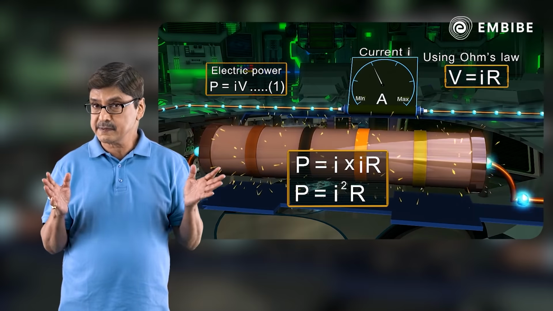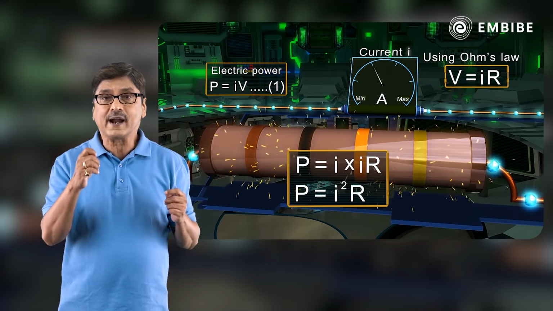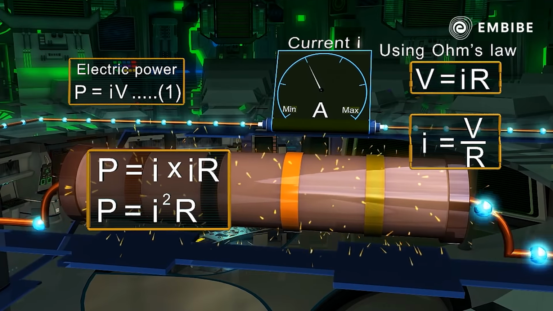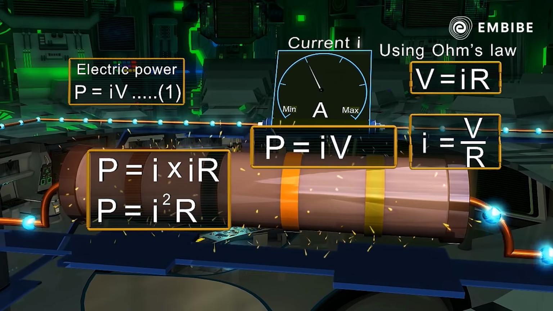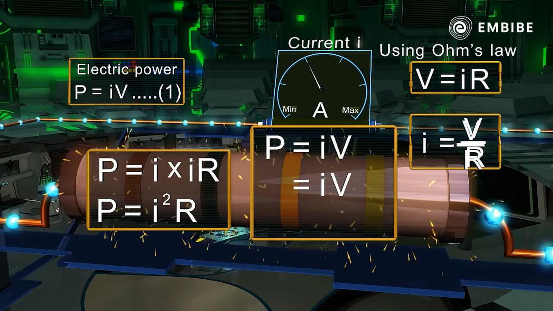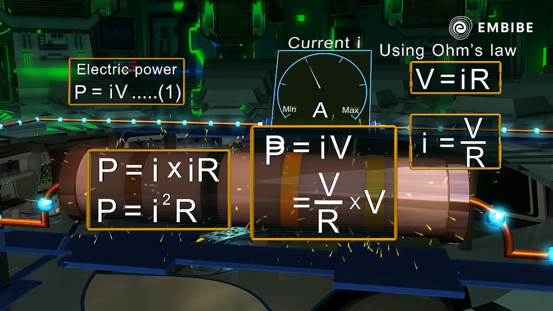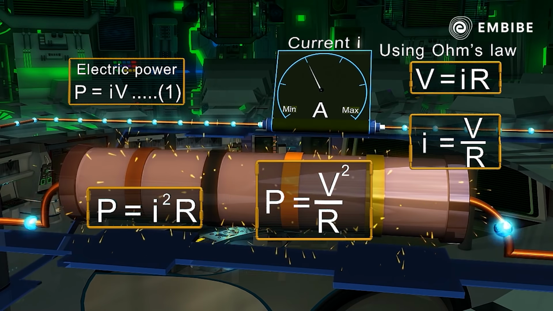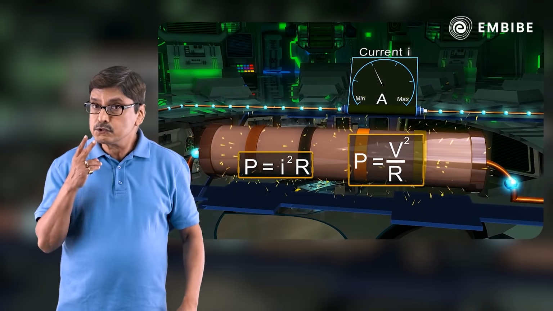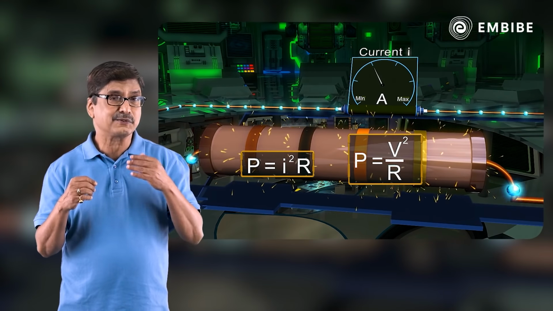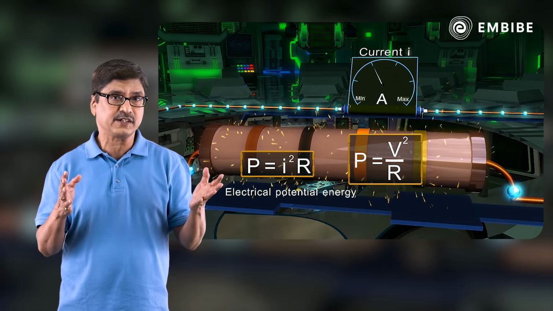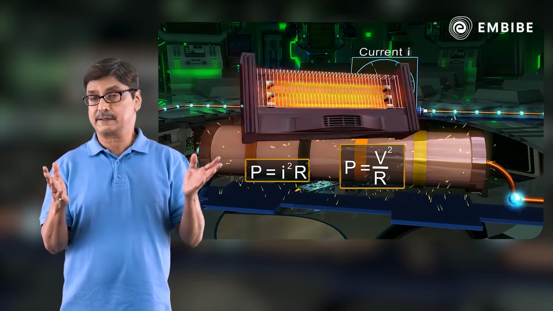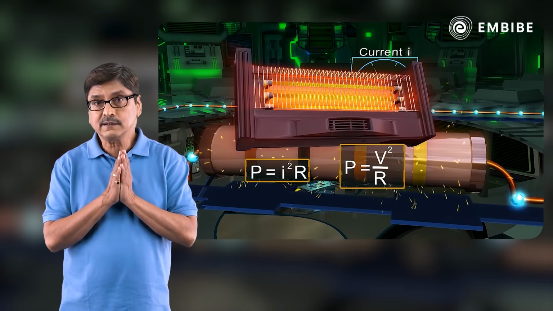It is given as P is equal to I square times R. Again, to derive the equation of power in terms of potential difference, substitute I is equal to V by R in equation 1. We get P is equal to V square by R. These two equations of power are applied to transfer of electrical potential energy to heat energy in a device with resistance like a room heater, iron, etc.